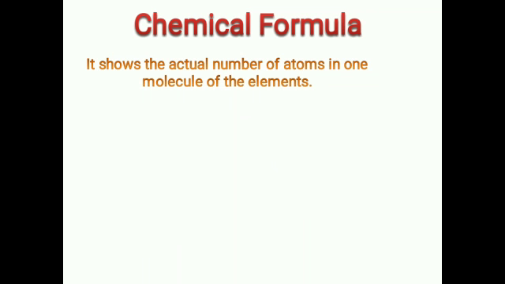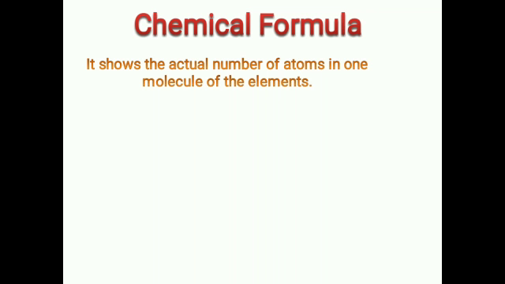Now what is a chemical formula? It shows the actual number of atoms in one molecule of the element. Now what is an atom? What is a molecule and what is an element? An atom is the smallest particle of an element. And what is a molecule? When two or more atoms are joined together, they form a molecule. And an element is a pure substance which is made up of one kind of atom. So what is a chemical formula? It shows the actual number of atoms in one molecule of the element.